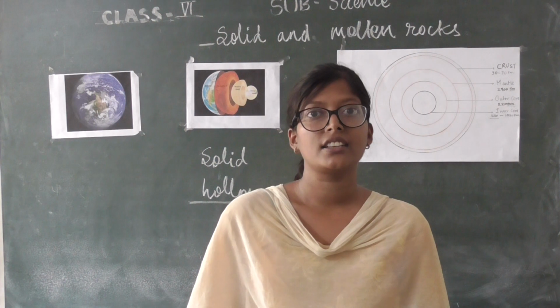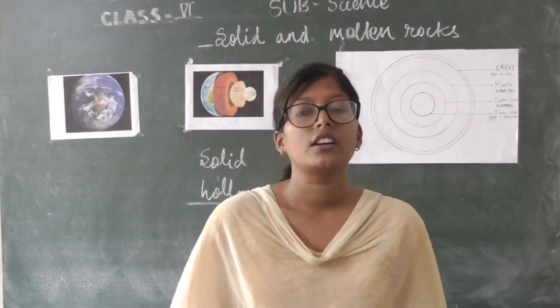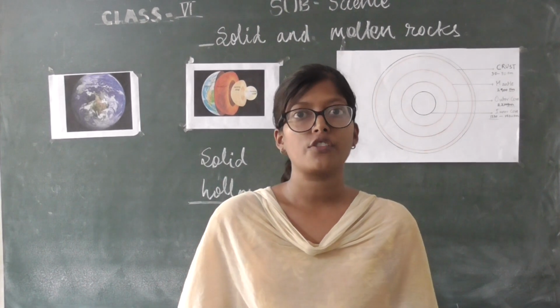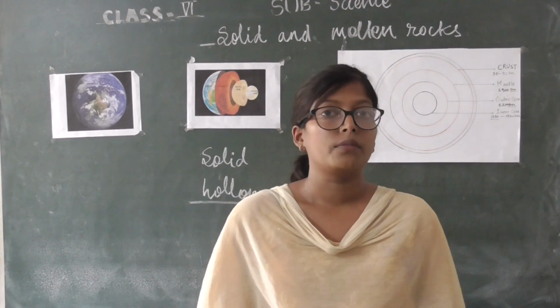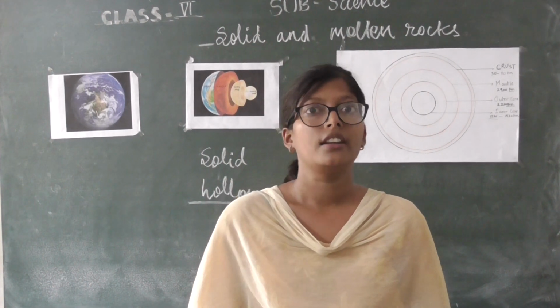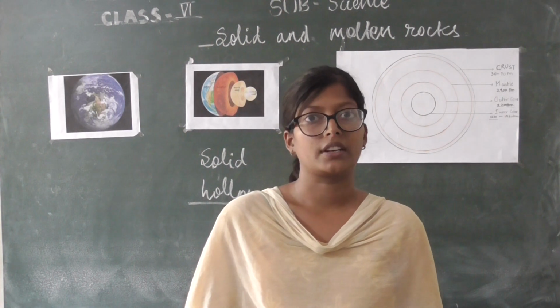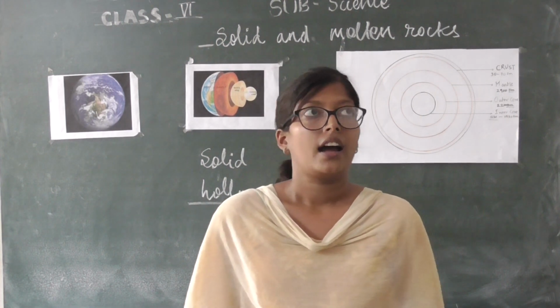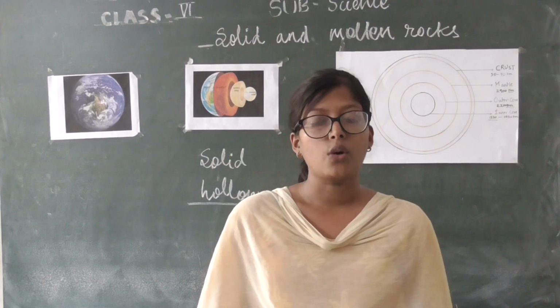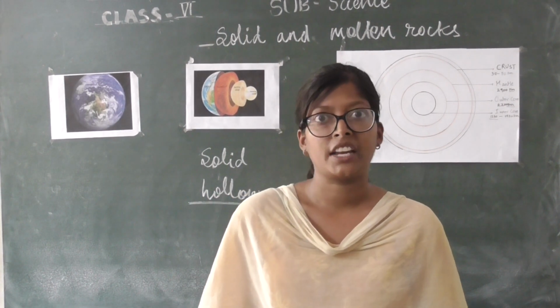When it comes out from the surface of the earth because of volcanic eruption, it is called lava. Outer core is dense, hot and semi-liquid.